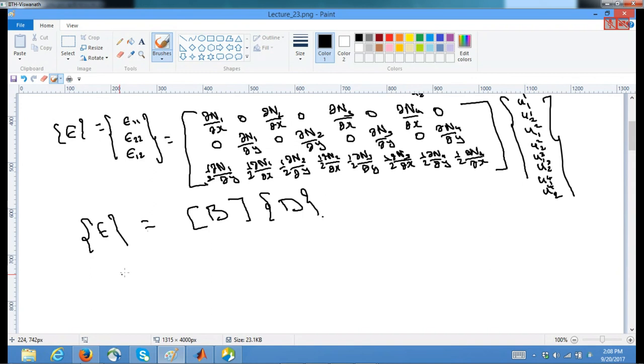And similarly, we call our u as N times d. Here this N matrix is this one.